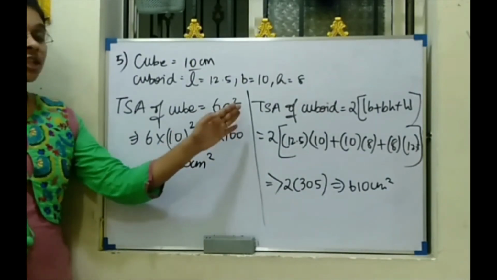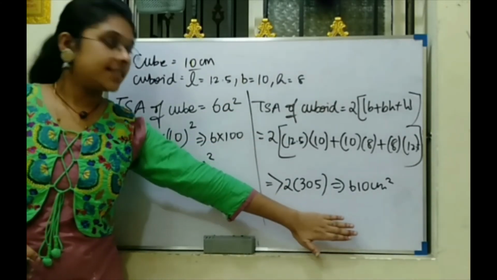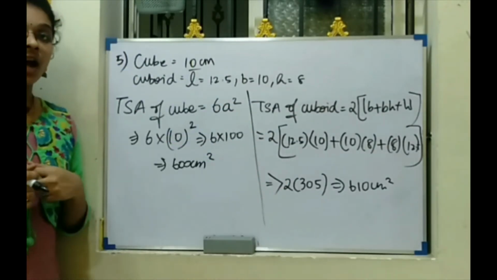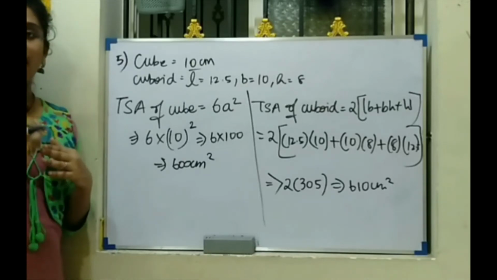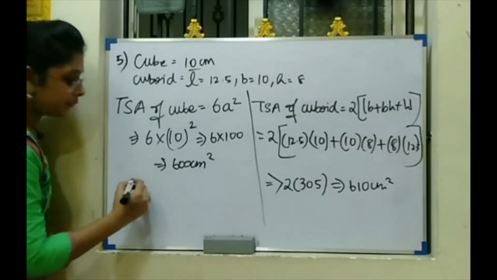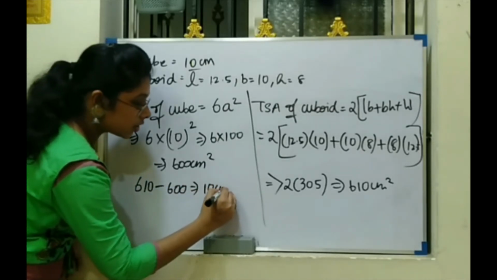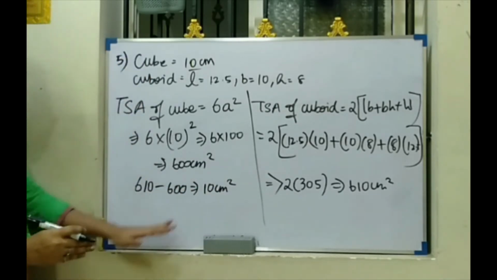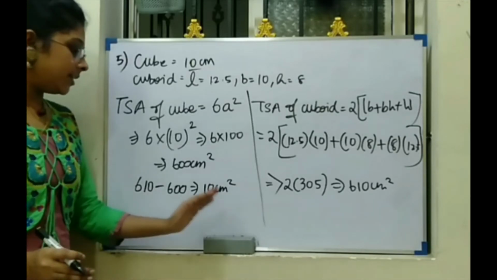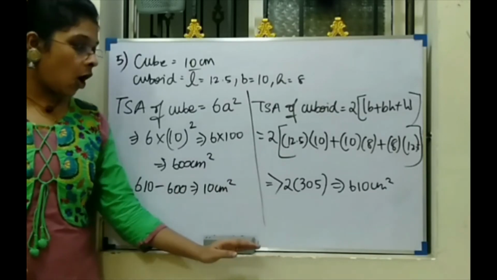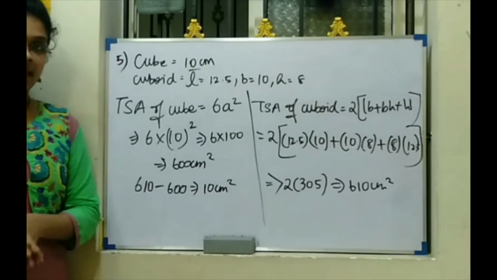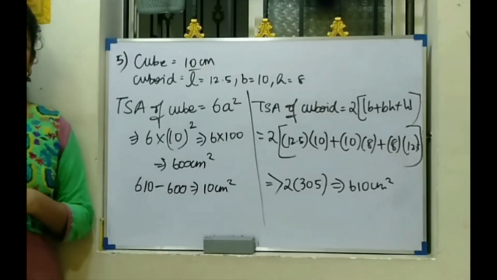Here, total surface area of cuboid is equal to 610 centimeters square. In the question they have asked how much smaller it is than the other one. That is, we have to find the difference. 610 minus 600, which will give you the difference of 10 centimeters square. So, how to conclude this? You have to write this sentence, that is, cubical box has smaller total surface area by 10 centimeters square.